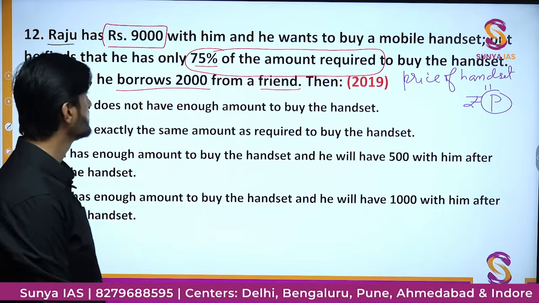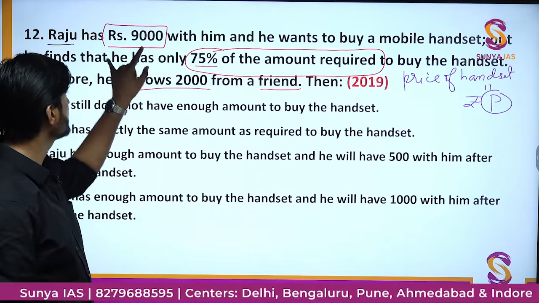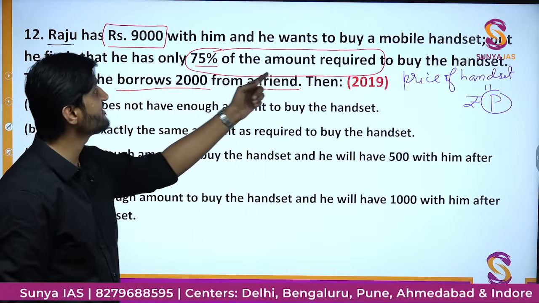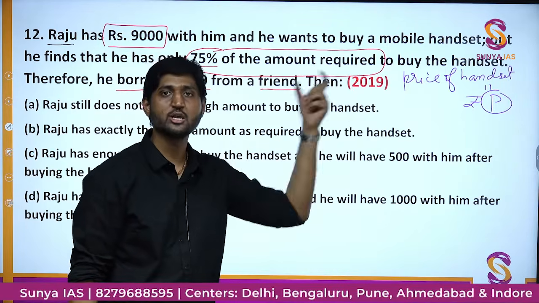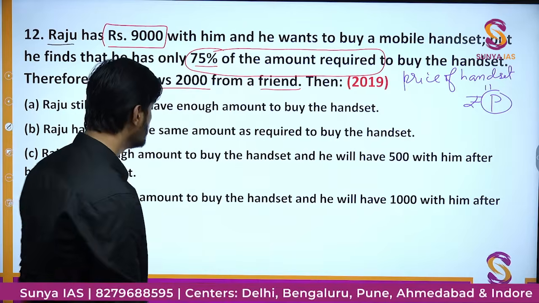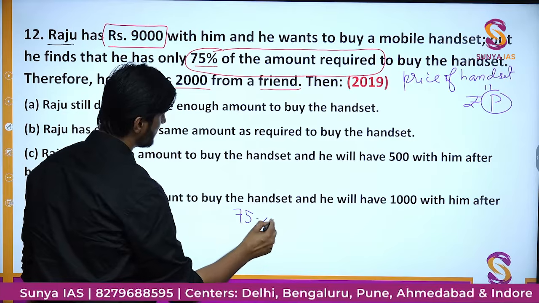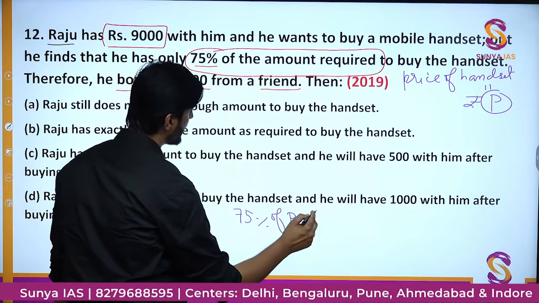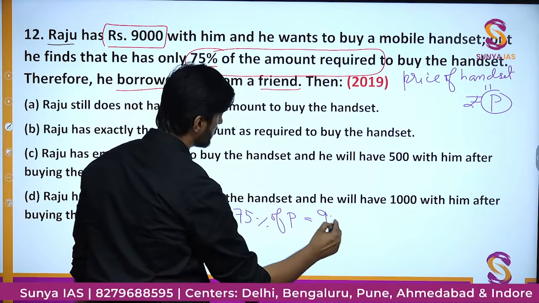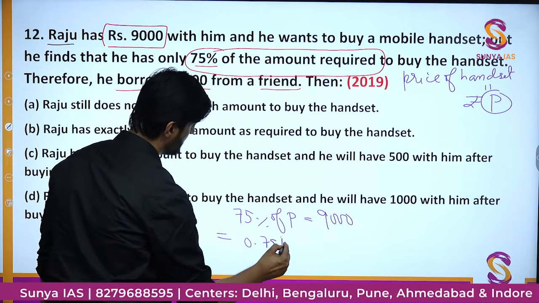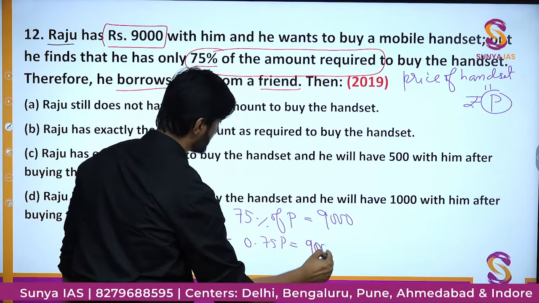Now it says that he has this amount which is 9,000, and that 9,000 is only 75% of the required amount. So he actually requires P amount. The amount he has is only 75% of P, and that amount is actually 9,000. So here we have 0.75 P is 9,000.